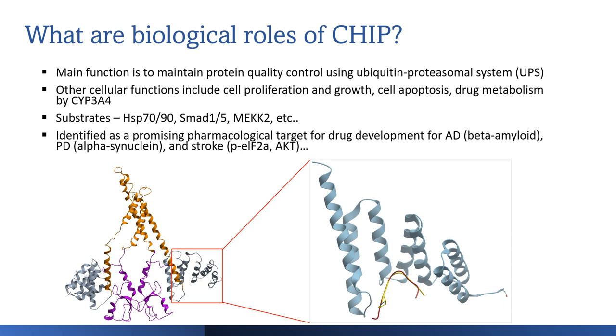Its role in managing neurological disorders is more pronounced, as it has been shown the ability to promote beta-amyloid, alpha-synuclein, as well as phosphorylated eIF2α and AKT4 degradation.